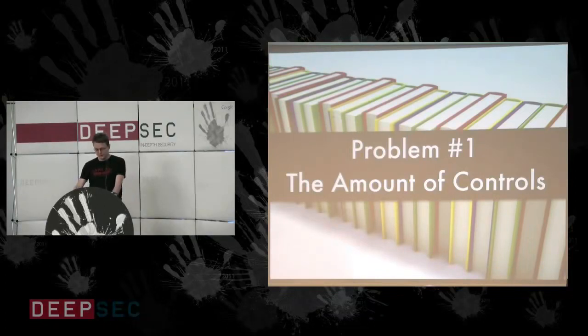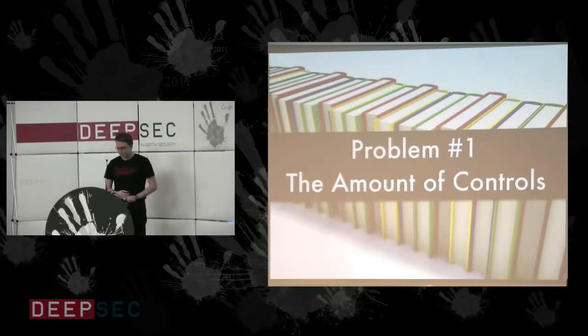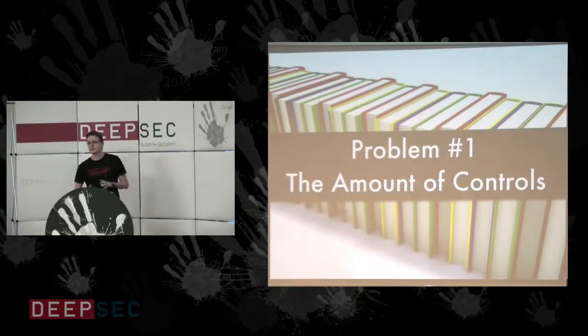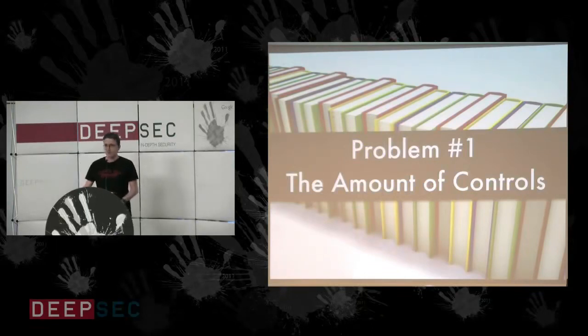There are also more questions. Controls are written in authority documents. The lingo authority documents means a document which contains controls, which tell you what to do. There are very many authority documents, and usually you don't know which ones are relevant for you, or in your current situation.